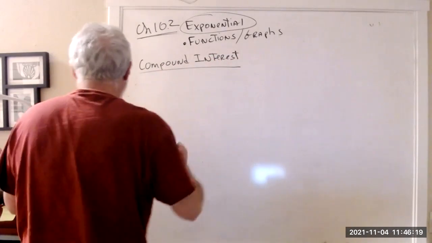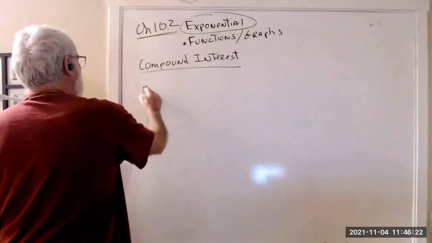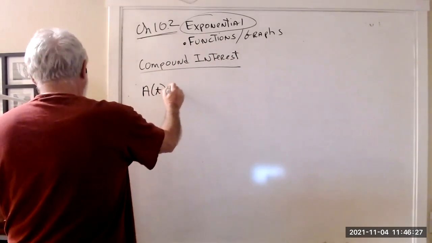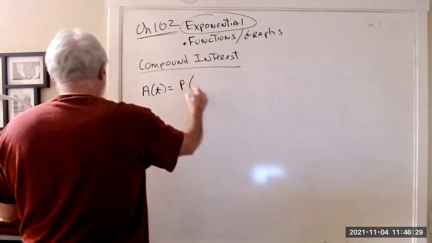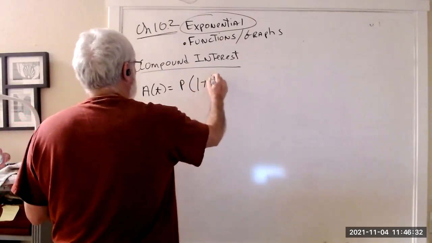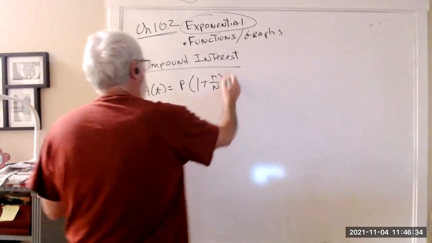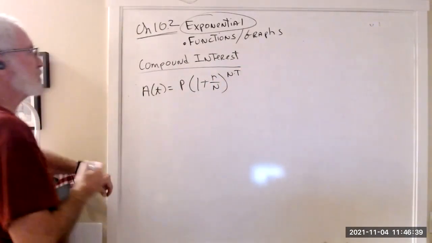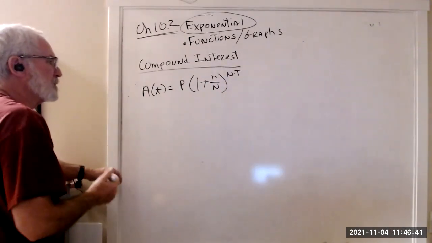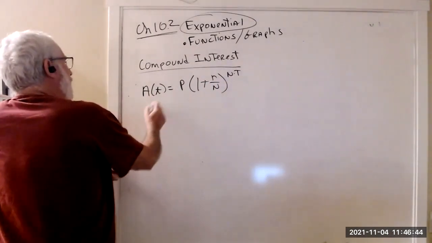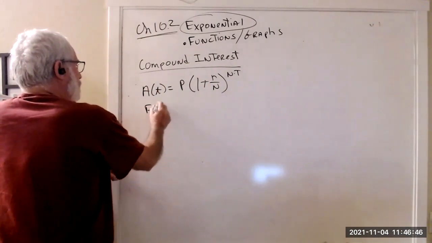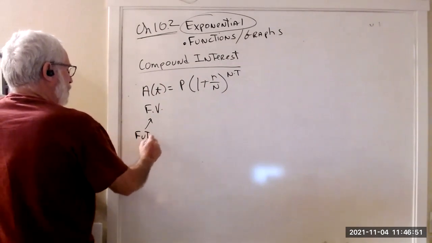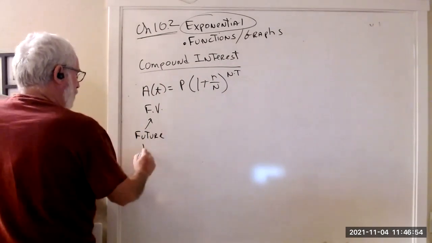Its formula looks like this: A of t equals P times 1 plus R over N raised to the N T. Now, let's change this a little bit because the problems that mom uses, A of t, she calls this FV, which is future value.